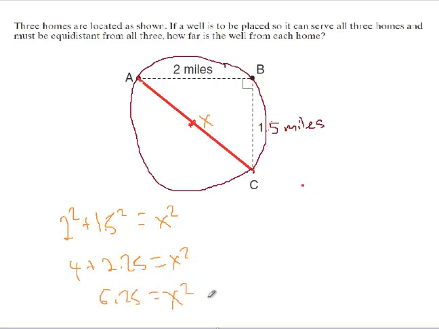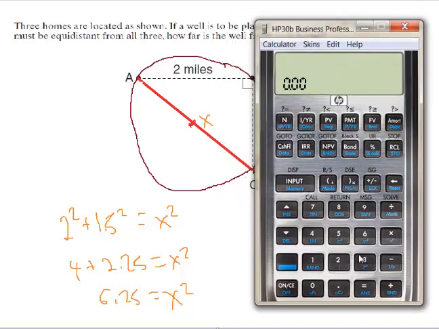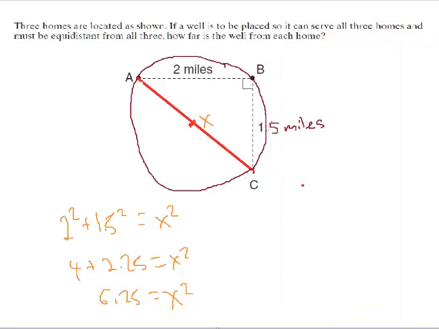So we need the square root of 6.25, which is going to be about 2.2, 2.3. Actually, a little more than that. Maybe 2.5. Anyway, let's do it on the calculator rather than just guessing. 6.25. And let's take the square root of that. 2.5 exactly. Oh, how do you like that? Okay. So x is 2.5.